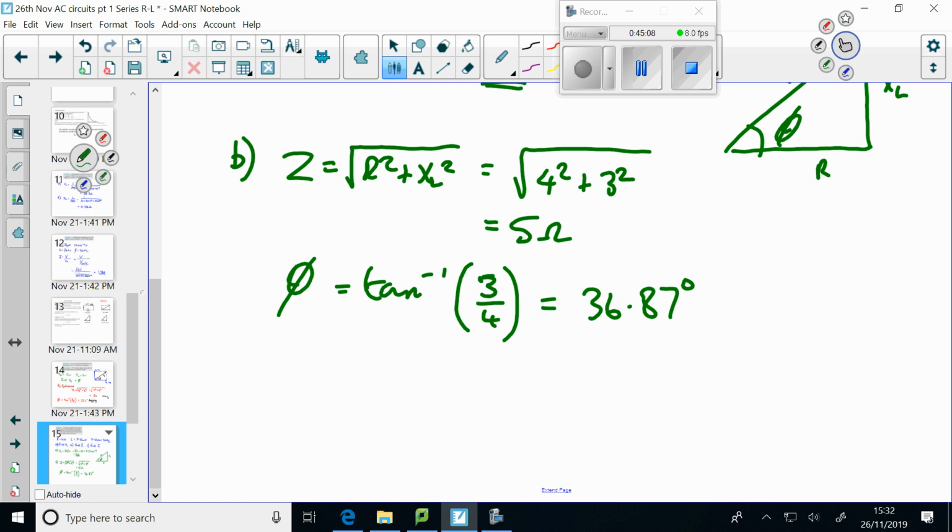Okay, and then C. What's the overall opposition to current?